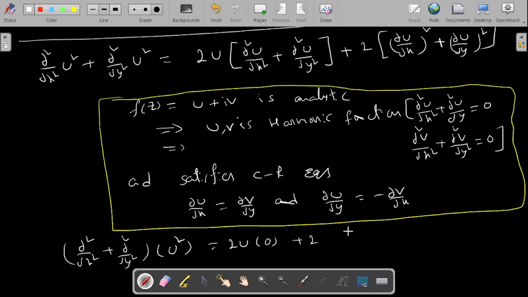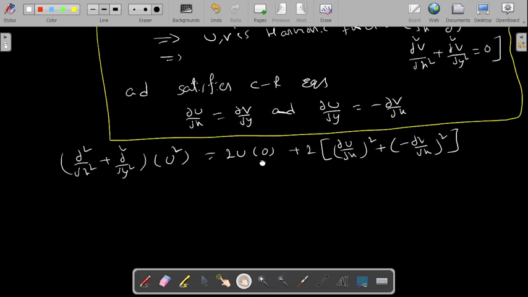Next, 2 into this, you write as it is, (∂u/∂x)². Next, ∂u/∂y, how can we write? By the CR equation, this ∂u/∂y we can write as minus ∂v/∂x whole square.